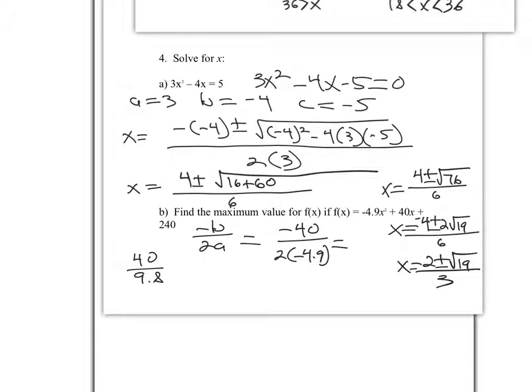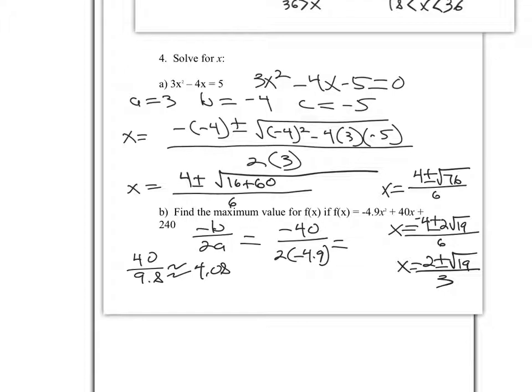When we divide 40 by 9.8, so 40 over 9.8 gives us a value of approximately 4.08, which is the value of x that will give us a maximum y value in f of x.